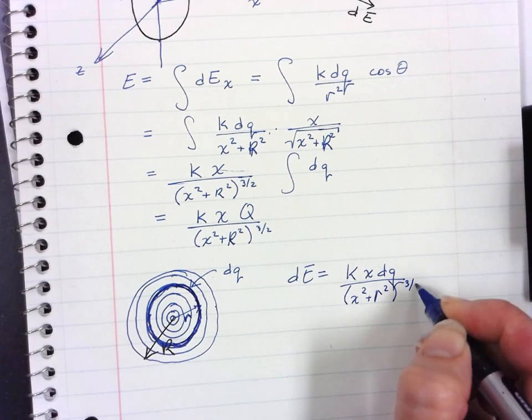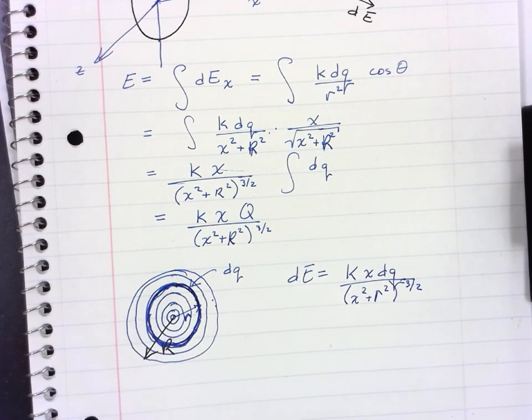And I need to integrate this from a radius of 0 to a radius on the outside.